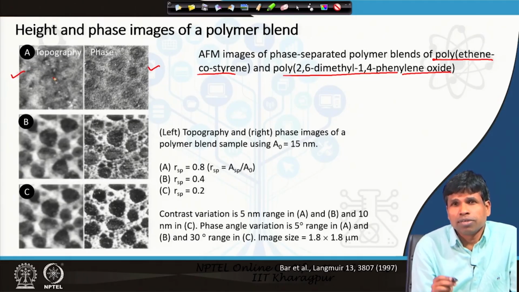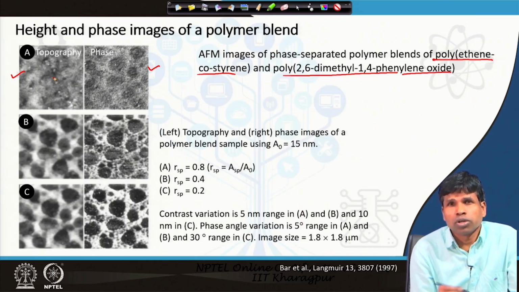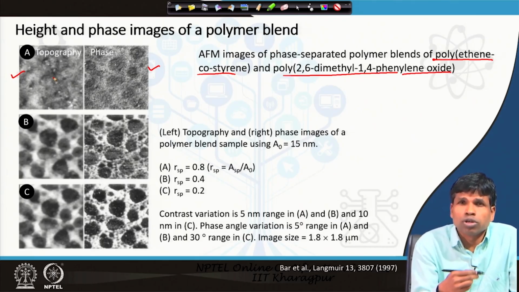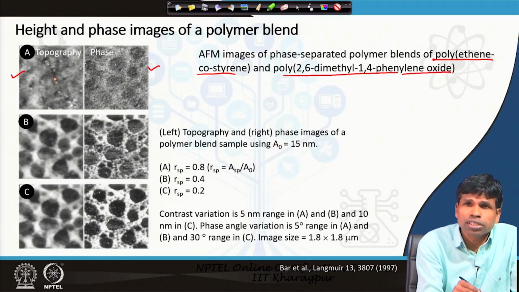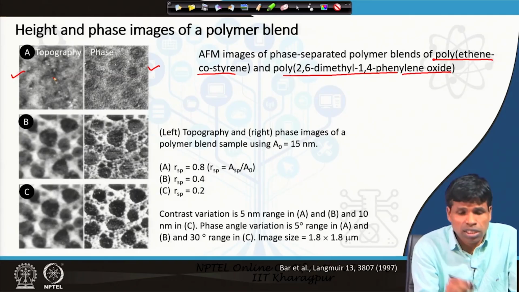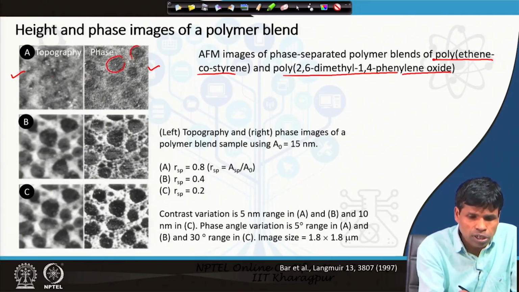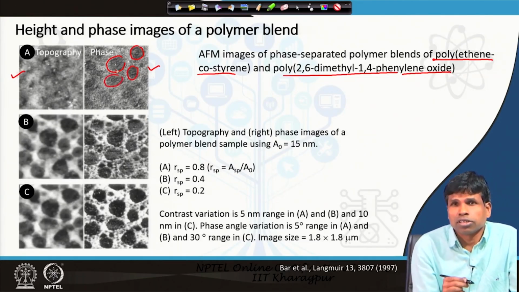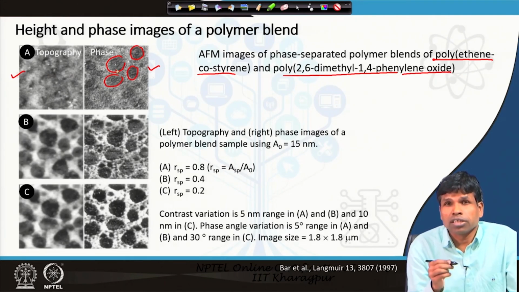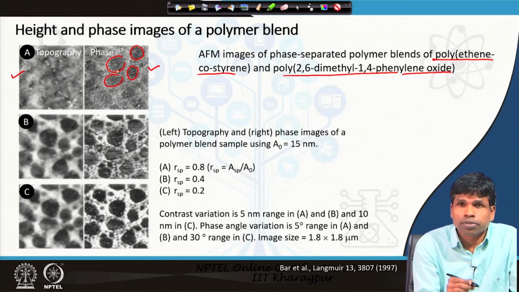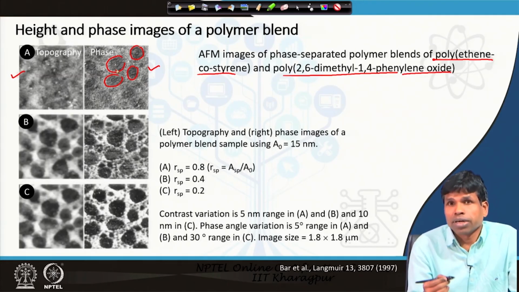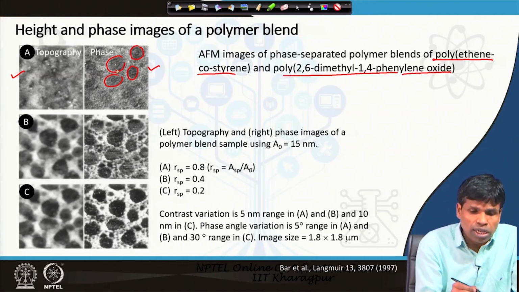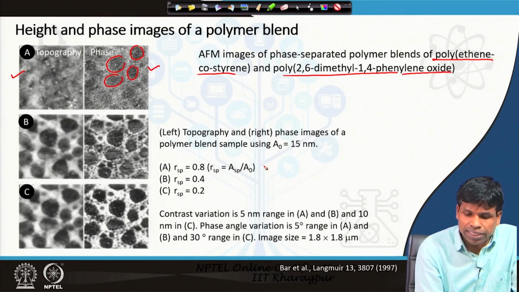The topography image does not show any difference in contrast; it is almost uniform. We cannot tell whether two different phases are well separated or not. But in the phase image we can see there are darker portions and other brighter portions, which are due to two different materials in the sample, and thereby their phase shift values are different. This was done when the RSP value was 0.8.